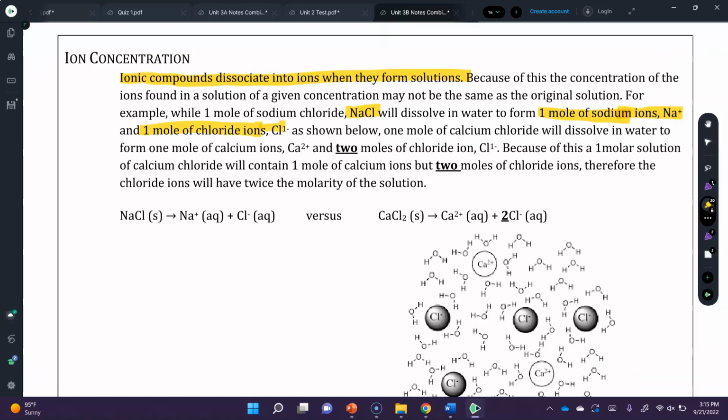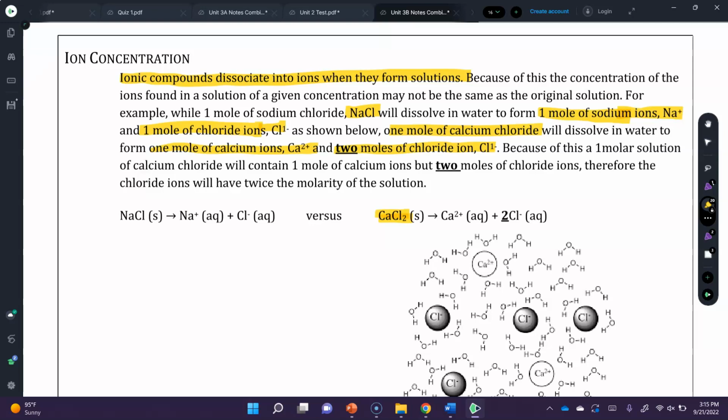1 mole, and it should have been shown below, but I don't know where the picture went. I'm sorry, guys. 1 mole of calcium chloride, which is CaCl2, forms 1 mole of calcium ions and 2 moles of chloride ions, and that's from the chemical formula for calcium chloride.